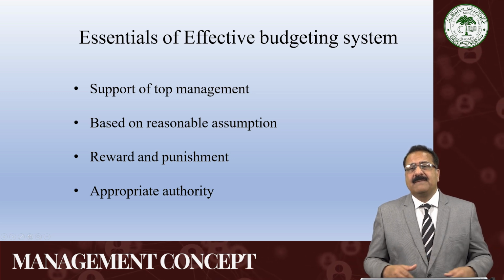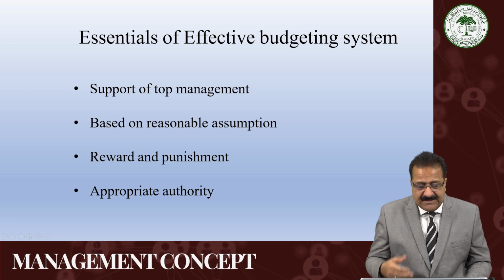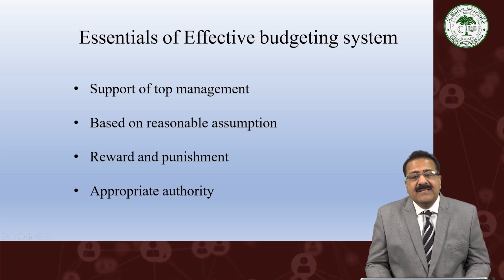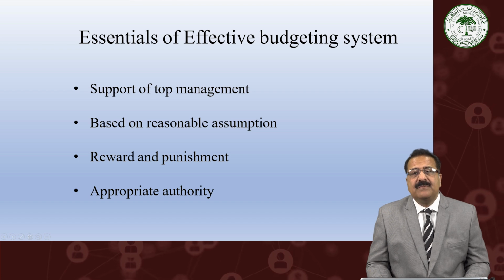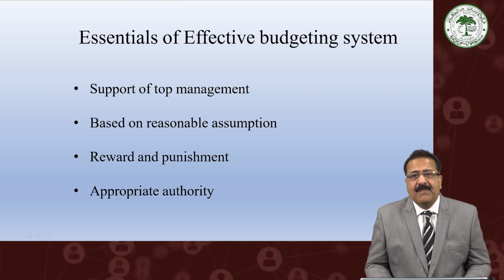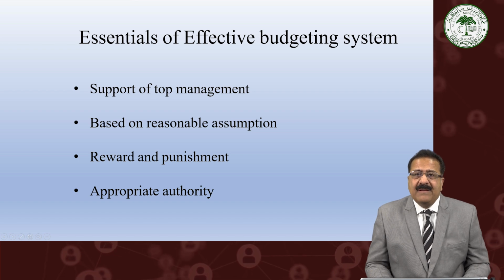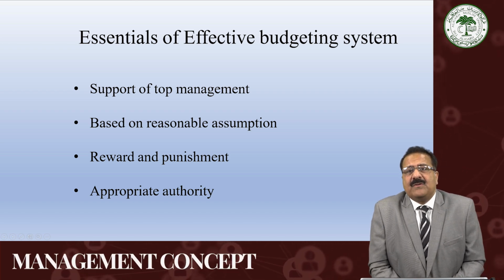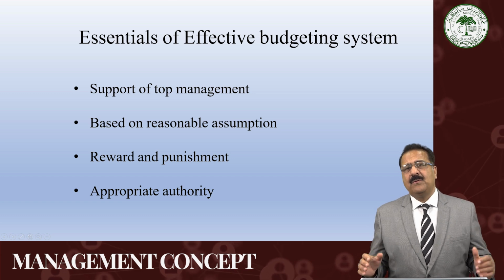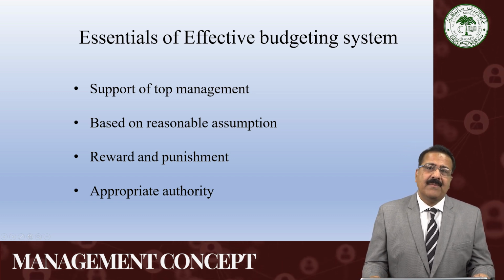And apart from this, the effectiveness lies in reasonable assumptions. We should always assume that good things are going to happen in the organization. If we decide in advance that nothing fruitful is going to happen, I tell you, in reality also, nothing fruitful will happen.